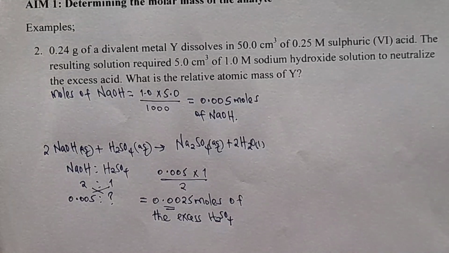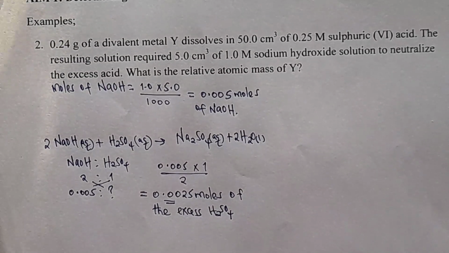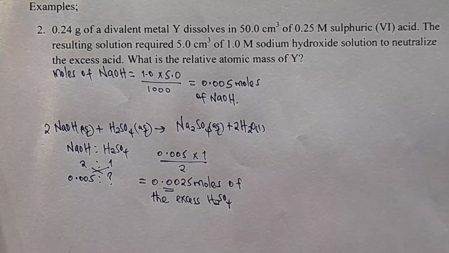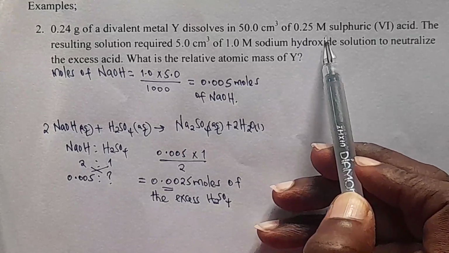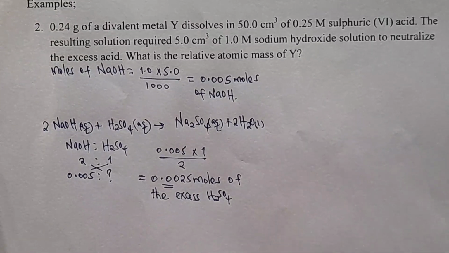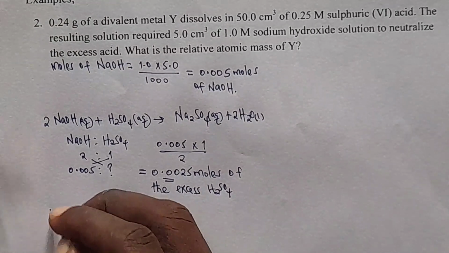Next, we are supposed to get the number of moles of the original acid, or the original sulfuric acid. Here we are given 50.0 cm³ of 0.25 molar sulfuric acid. So we are going to write moles of original acid.